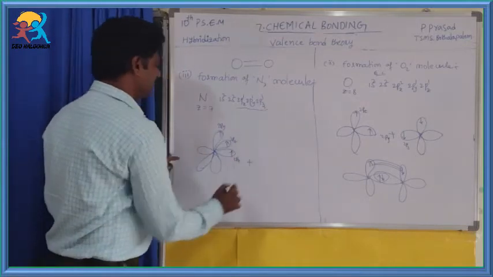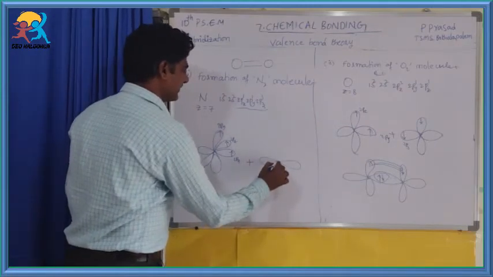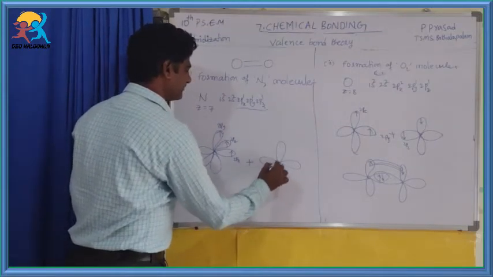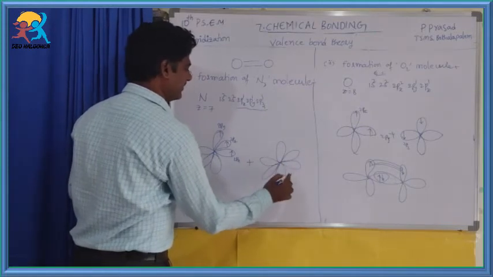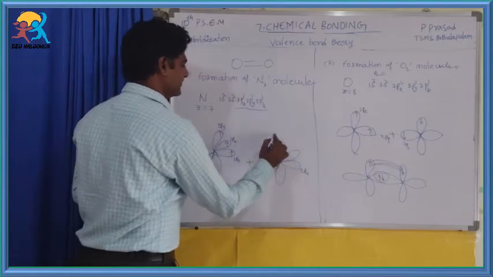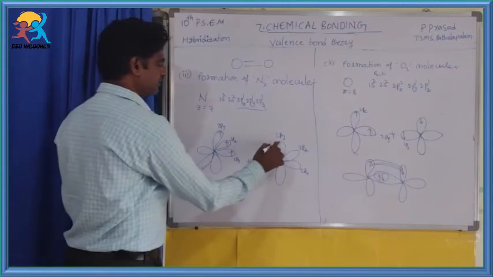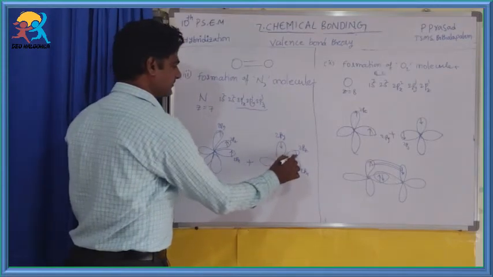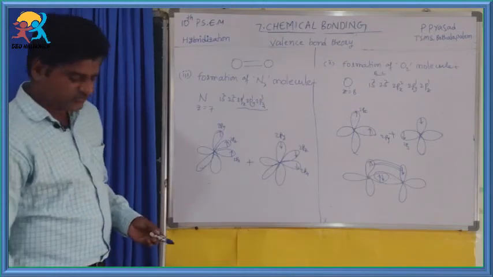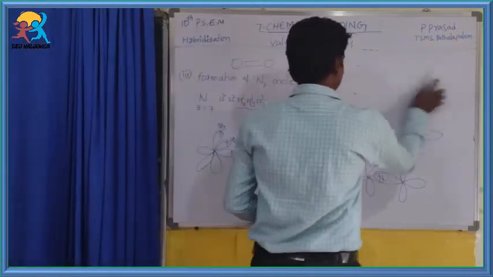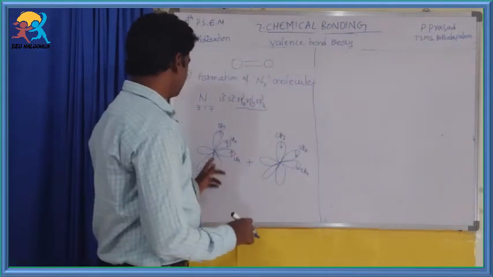In the same way we take another nitrogen atom, with 2px, 2py and 2pz. These electrons should have anti-clockwise direction. So when these two atoms come closer, three types of overlappings will be possible.